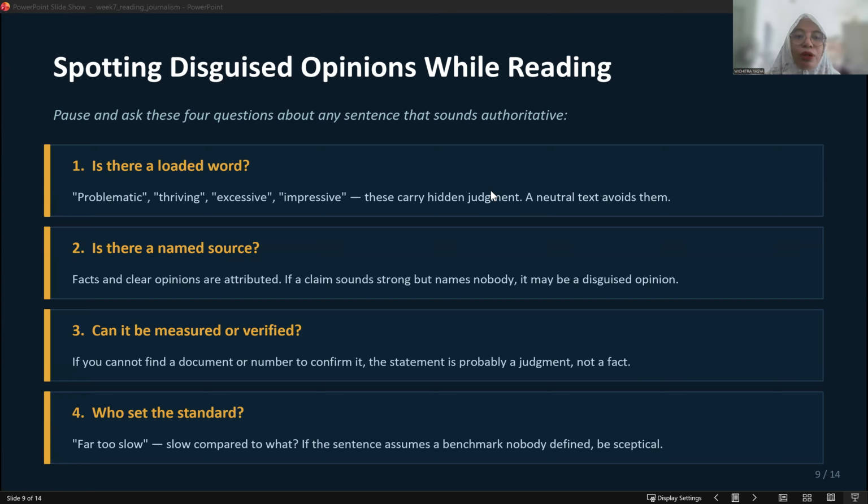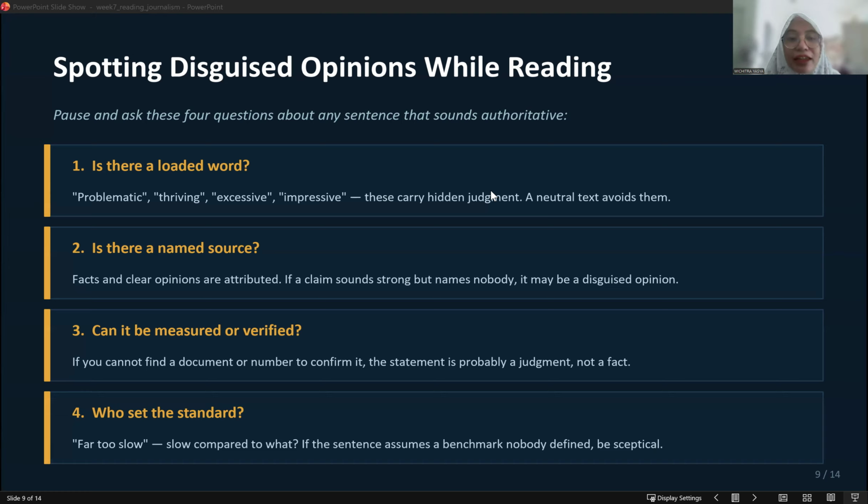A loaded word is something that is heavy, not neutral. For example, problematic, thriving, excessive, impressive, best, so that's a loaded word. These carry hidden judgment. So if it's neutral, it avoids these types of words.